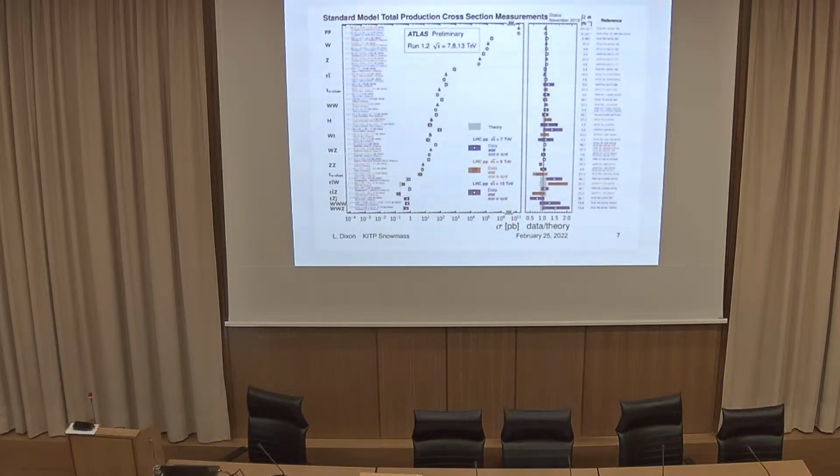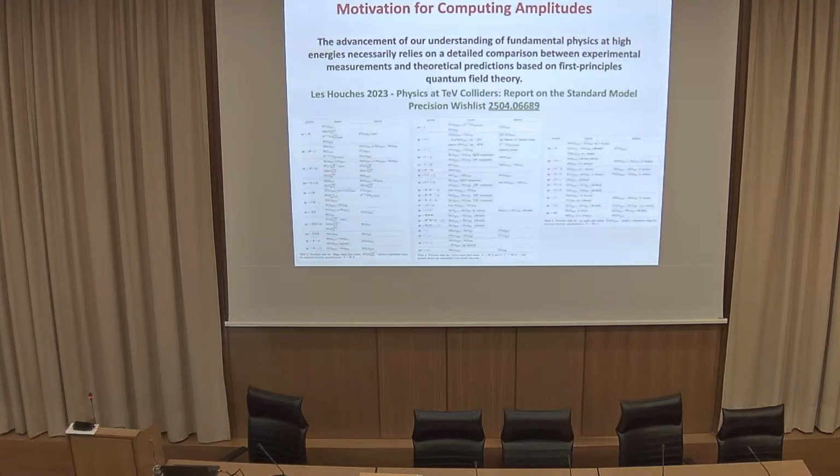If you compare the error bar in the experimental measurement versus the theoretical one, indicated in gray here as the ratio of theory to experiment, once you go to 5 particles, so these are the processes, you see this gray area becomes thicker, so the error becomes wider, and so it's very important to develop these techniques further.